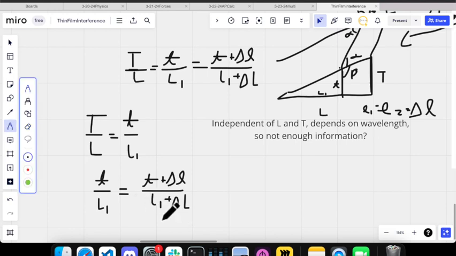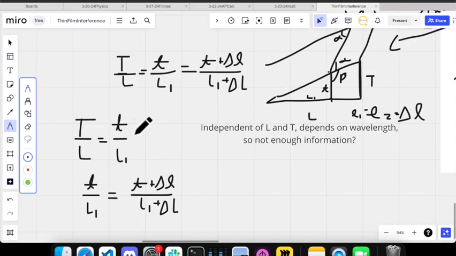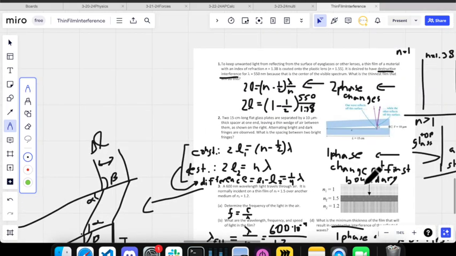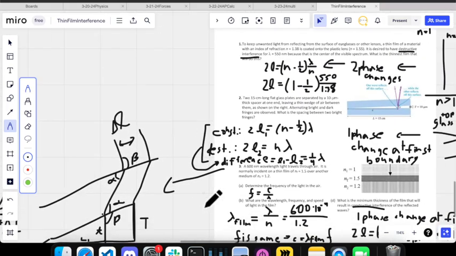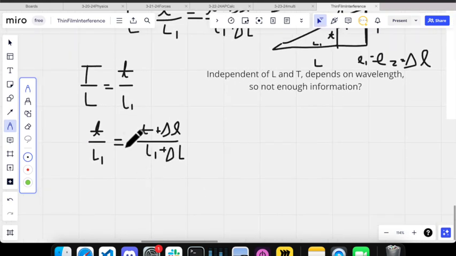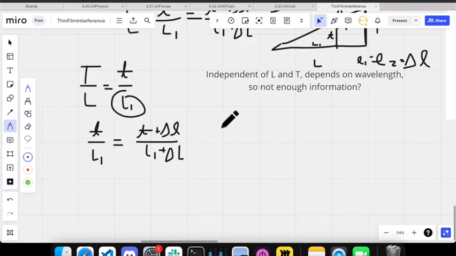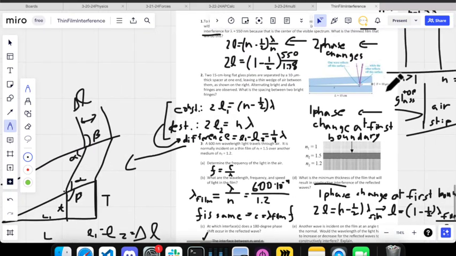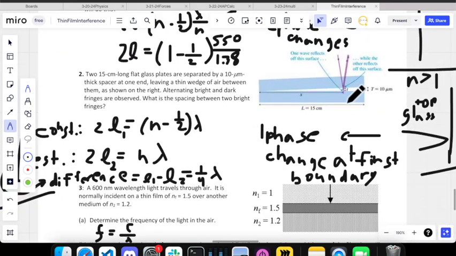Okay, so what are the unknowns? Well, we could just pick some t, so t wouldn't be an unknown. So this would not be an unknown. So maybe I'll highlight all the unknowns. So, oh yeah, if we pick some t, maybe that resolves it.